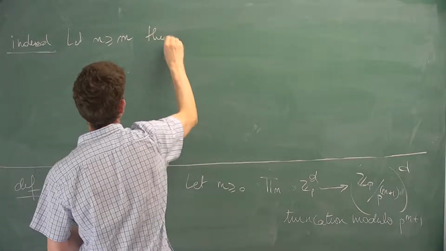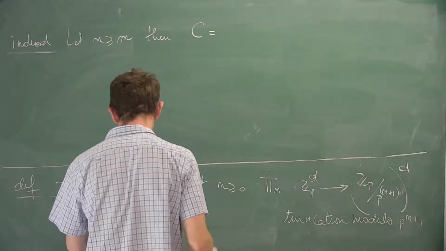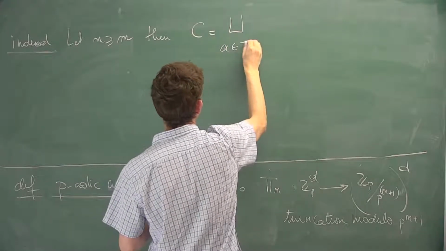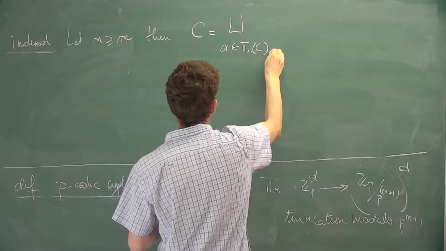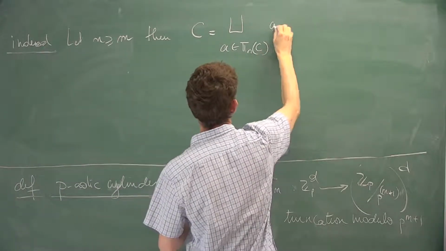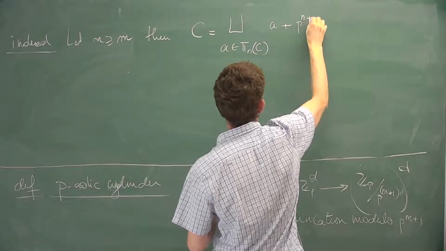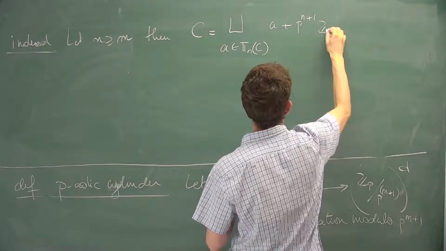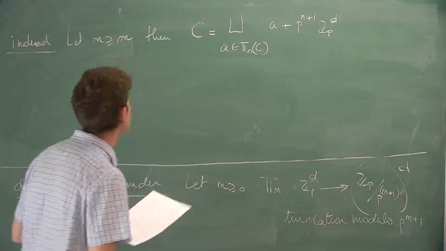Then just using a partition with digits, you can write your cylinder as the disjoint union of a plus p^{n+1} Z_p^d.